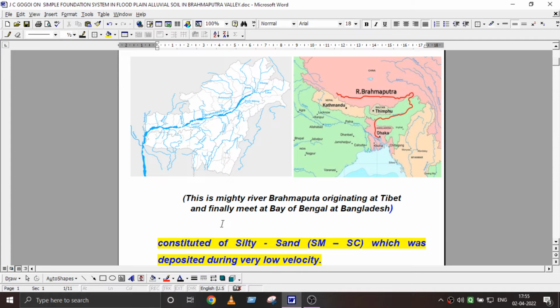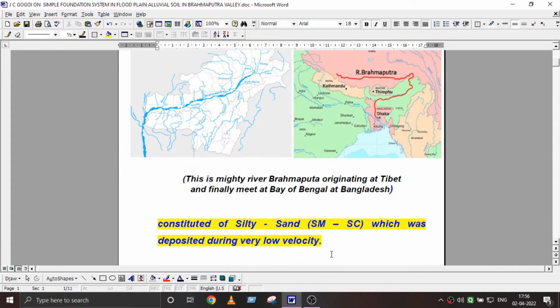This deposition region has very low velocity. This floodplain deposit was deposited by very low velocity flow.